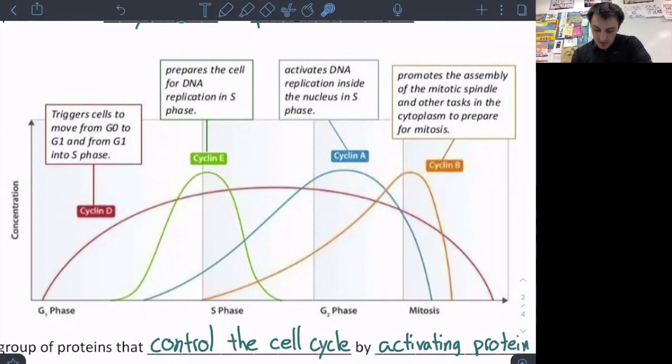When cyclin B accumulates and therefore the MPF accumulates, it's going to tell the cell that it can transition from G2 to mitosis. And the signal to come out of that is the breakdown of this molecule. Once we decrease that concentration, it's telling the cell it's okay to go from mitosis back into G1.